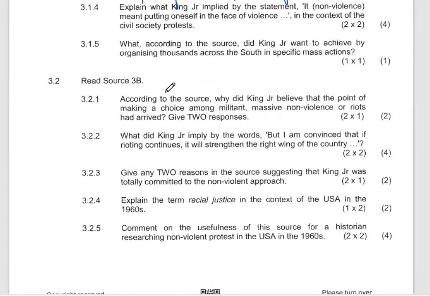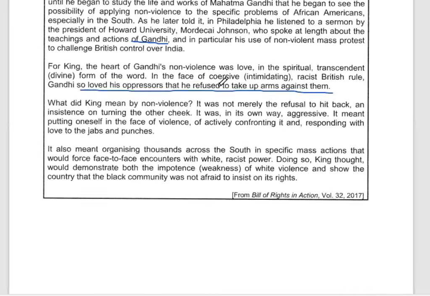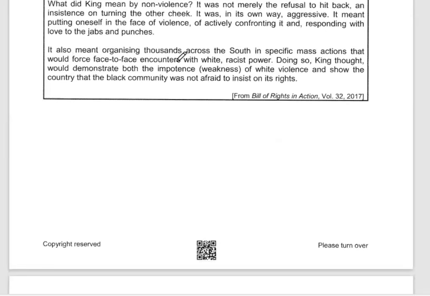What, according to the source, did King Jr. want to achieve by organizing thousands across the South in specific mass action? This again is extraction. We just want to go to the source. It also meant organizing thousands across the South in specific mass actions that would force face-to-face encounters with white racist power.